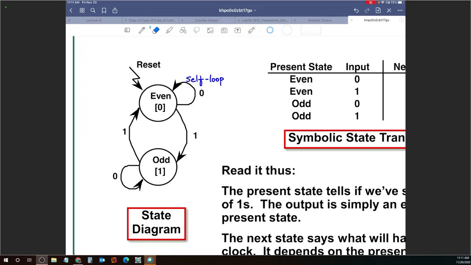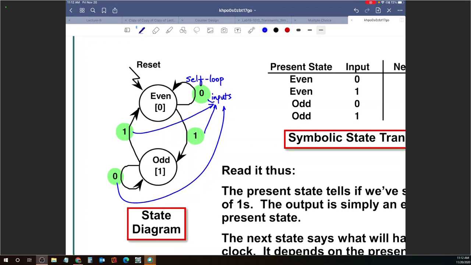If you get a 1, suppose you are in the even state and you get a 1, you go to the odd state. So you see, where are we writing the input? We are writing the inputs here. Right? So the inputs are causing the machine to go from one state to the other.